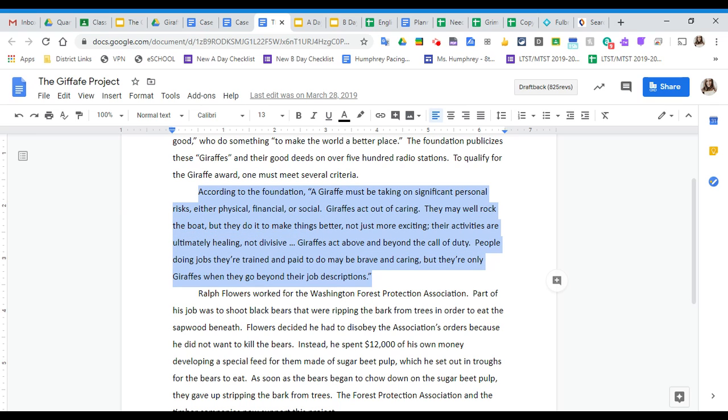In order to be a giraffe, you have to take on personal risk. You act out of caring. You might rock the boat, but you're doing it to make things better.